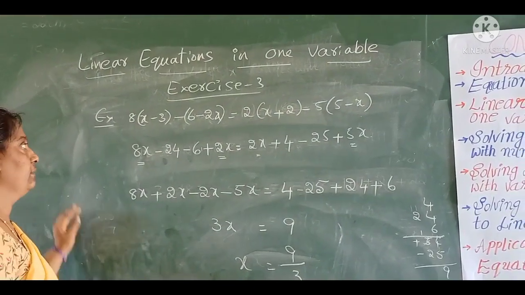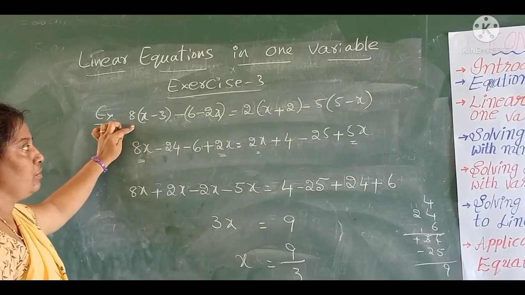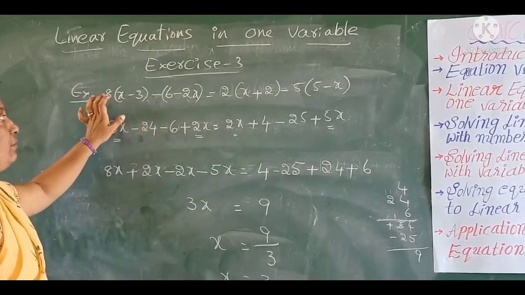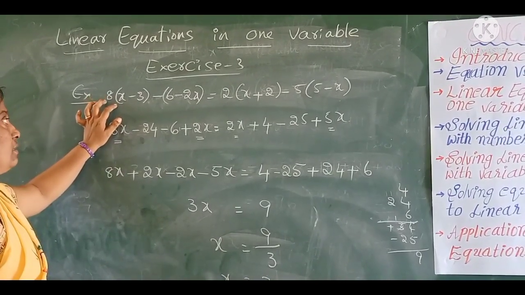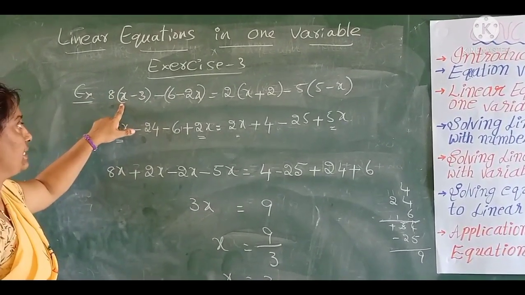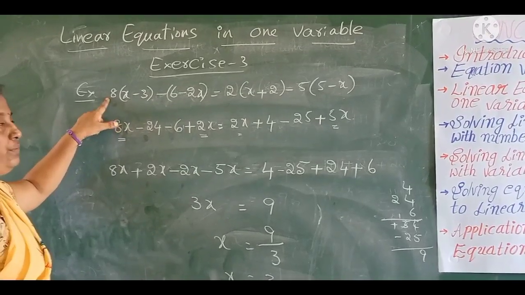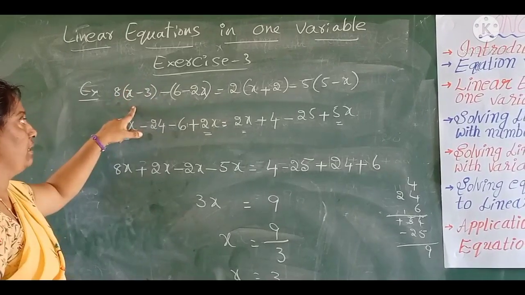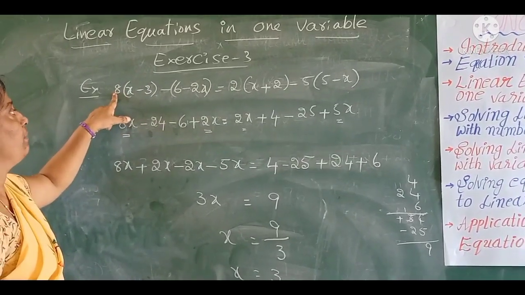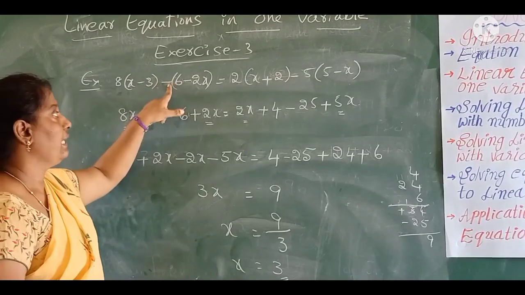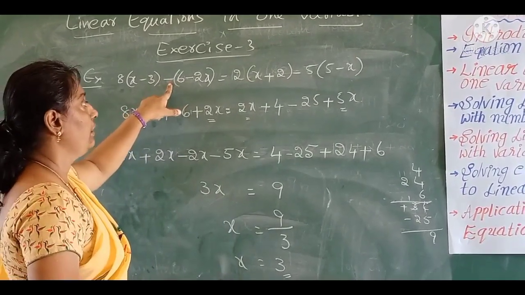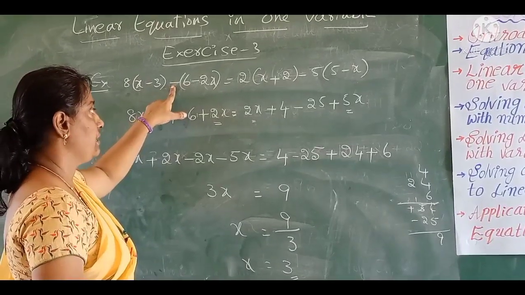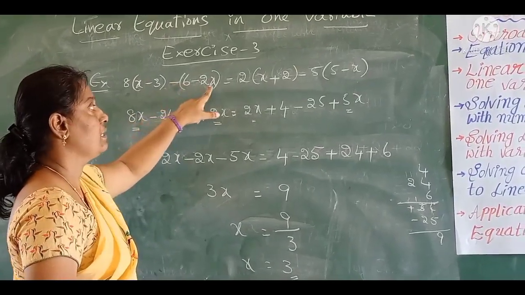Once again I am telling. Since there are brackets, for solving these types of questions we have to remove the brackets first. To remove the brackets, we multiply the number before the bracket with the expression inside. So 8 multiplied with x minus 3. Here no number is there, so we multiply with only the symbol, that is minus, with 6 minus 2x.